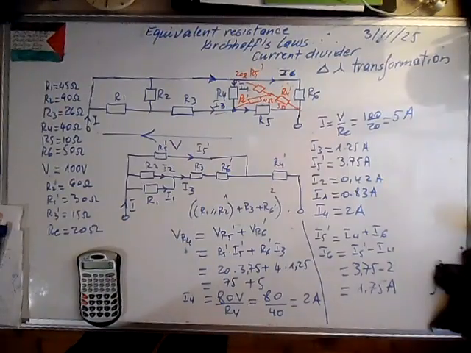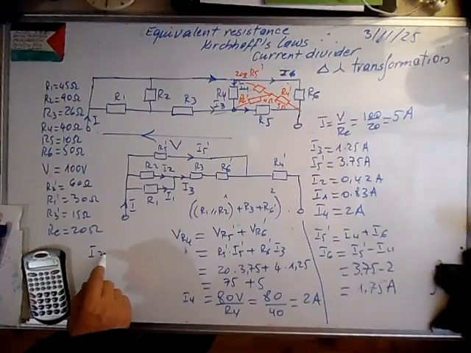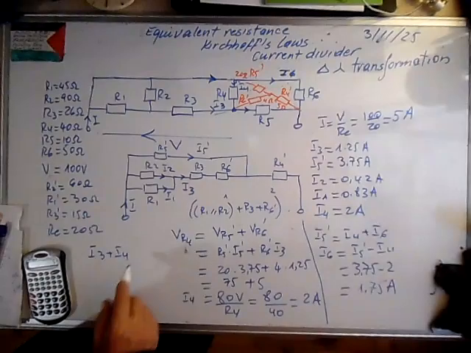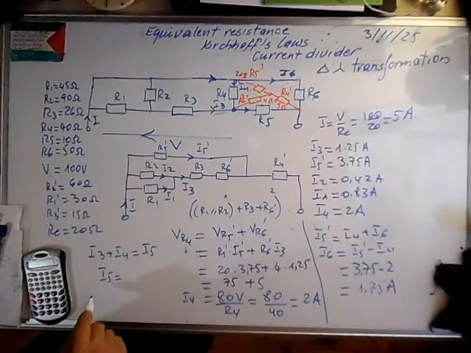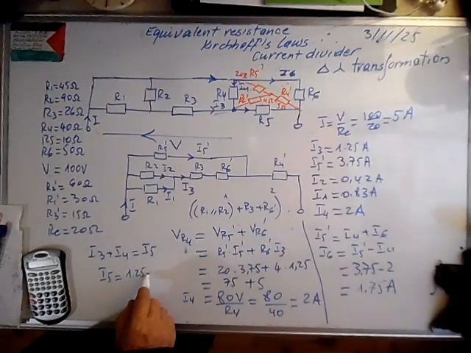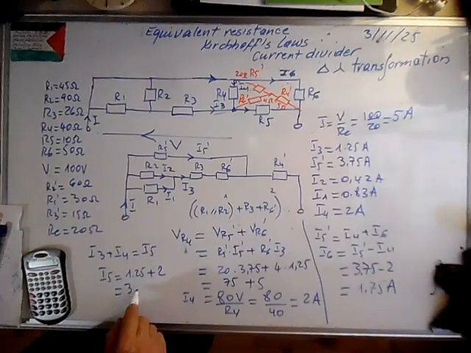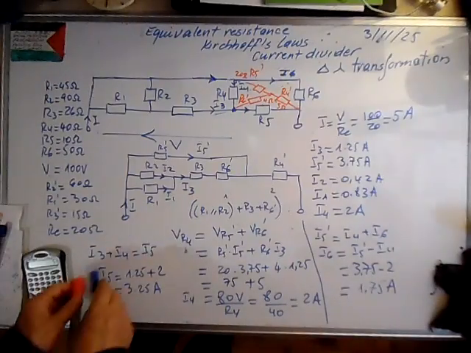And we are left with I5. We have I3 plus I4 in this node. That is equal to I5. So I5 is equal to I3, which is 1.25, plus I4. I4 is 2. So it means that I5 is 3.25 amps. We calculated all the currents, and thank you for your attention.